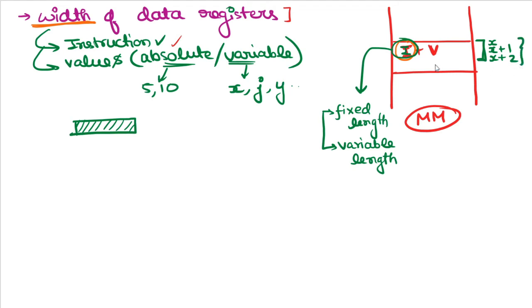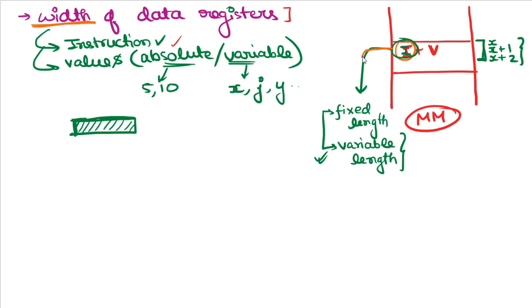So if the length is variable, how do we store it in a register? What should be the width of the register? Because we can't change the width of the register all the time based on the length of the instruction. So we use the property of fetching.